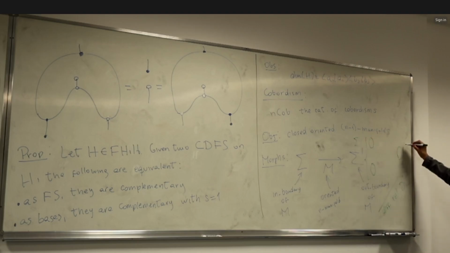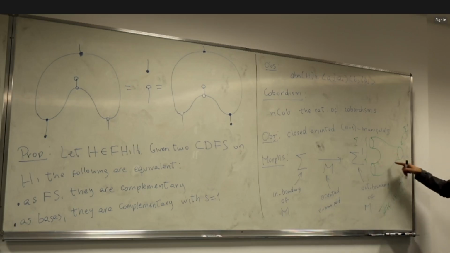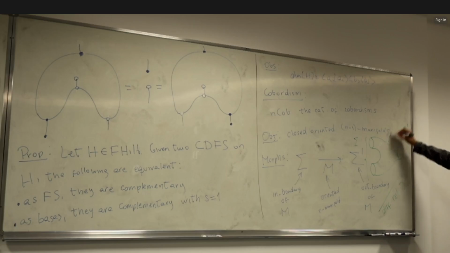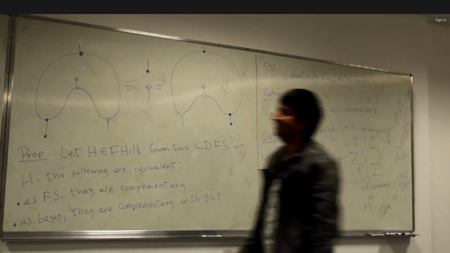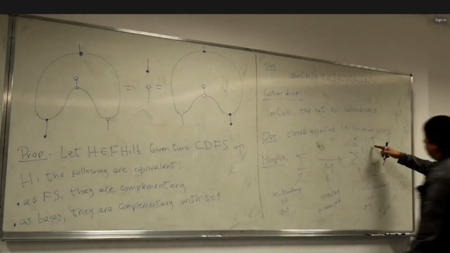Well, this guy is M. So all this is a one-dimensional manifold, and M is a two-dimensional manifold. That's why the notation I used before. Sigma is like a union of two circles.